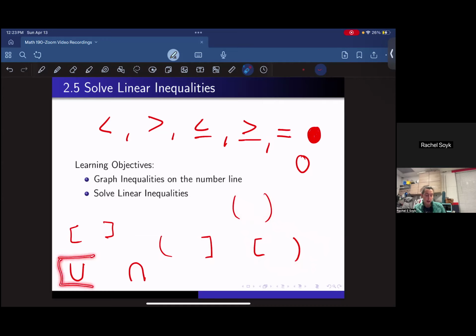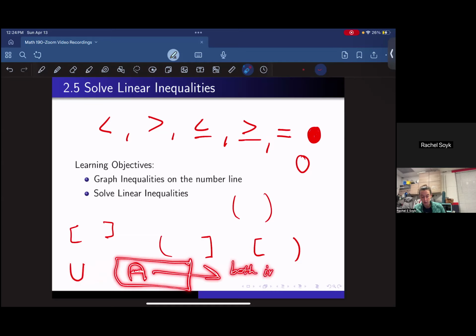Last but not least, we have what's known as our union symbols and our intersection symbols. Our intersection is linked with the word and. The way that I remember it is you can easily draw an A with our intersection, whereas our U for union is linked with or. So anytime you're looking at and, you're looking at, okay, what do both of these values include?